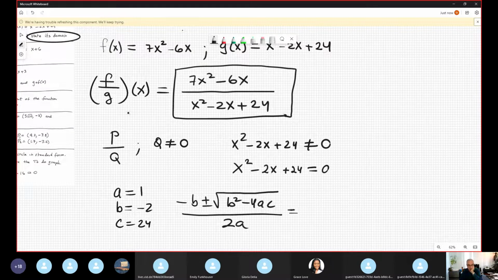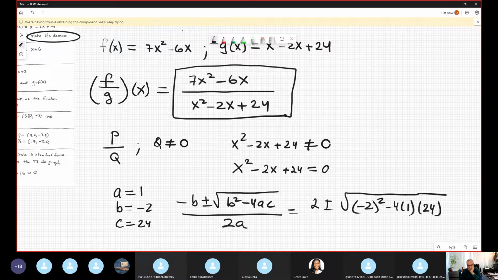B is -2, and when you plug in, it becomes positive because you have two negatives. Plus and minus the square root of (-2) squared minus 4 times 1 times 24, divided by 2 times 1, because A is 1.